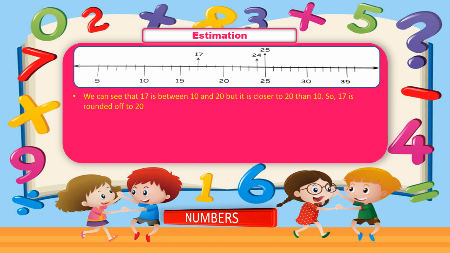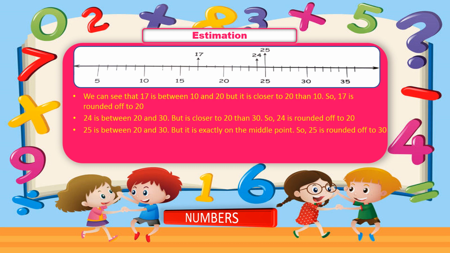So 17 is rounded off to 20. 24 is between 20 and 30, but is closer to 20 than 30. So 24 is rounded off to 20. 25 is between 20 and 30, but it is exactly on the middle point. So 25 is rounded off to 30.